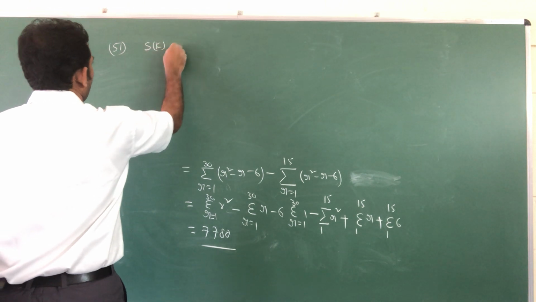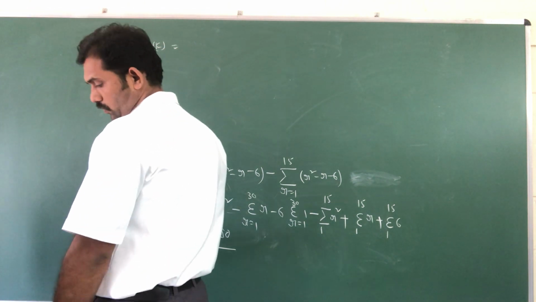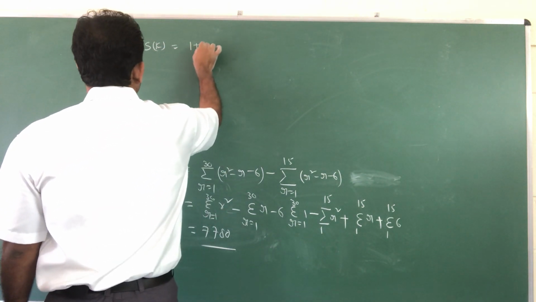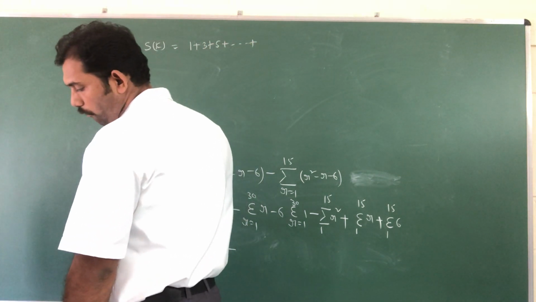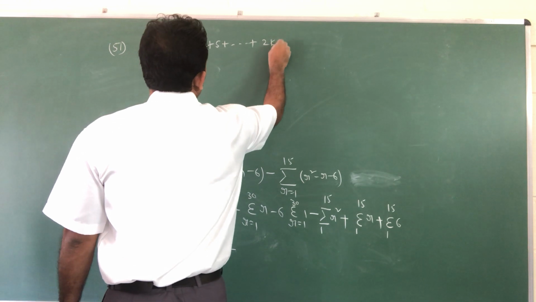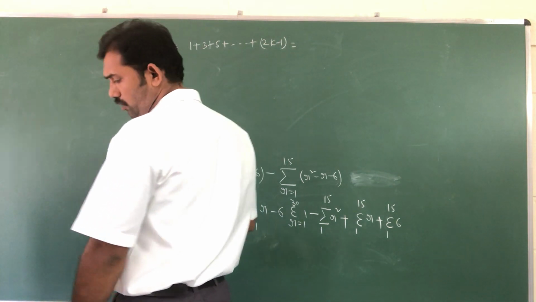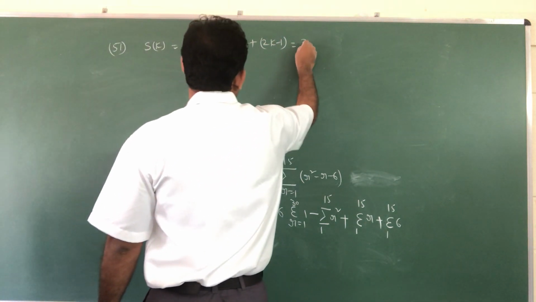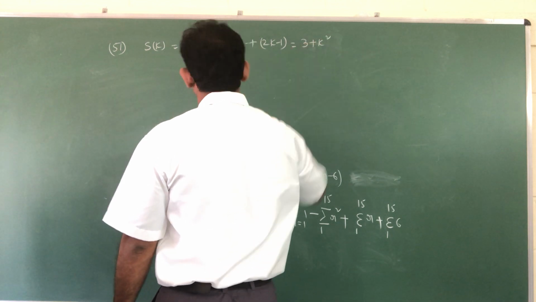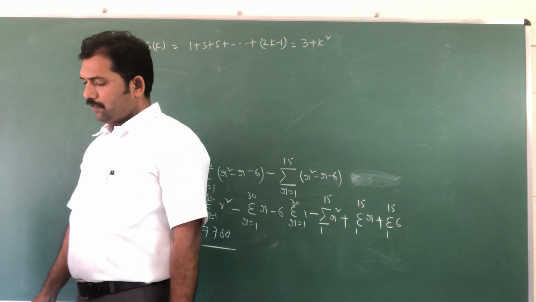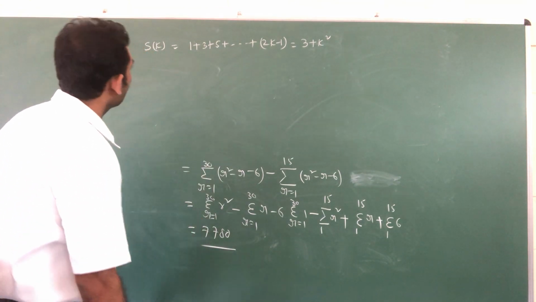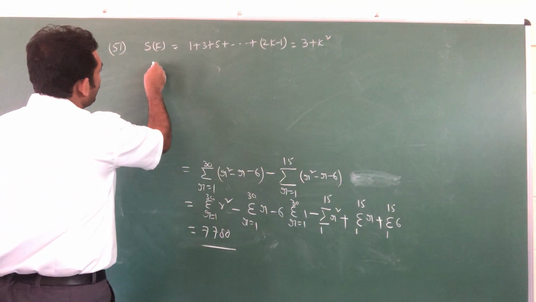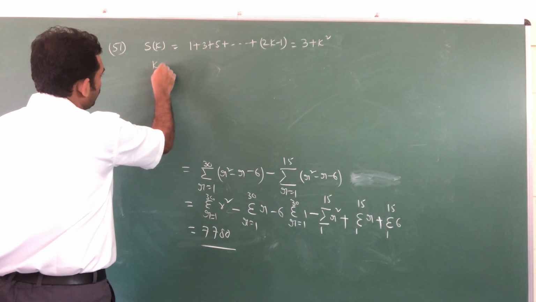S of k is equal to 1 plus 3 plus 5 and so on up to 2k minus 1, which is equal to 3 plus k square. Then which of the following is true? So k is equal to 1, you substitute, what happens?